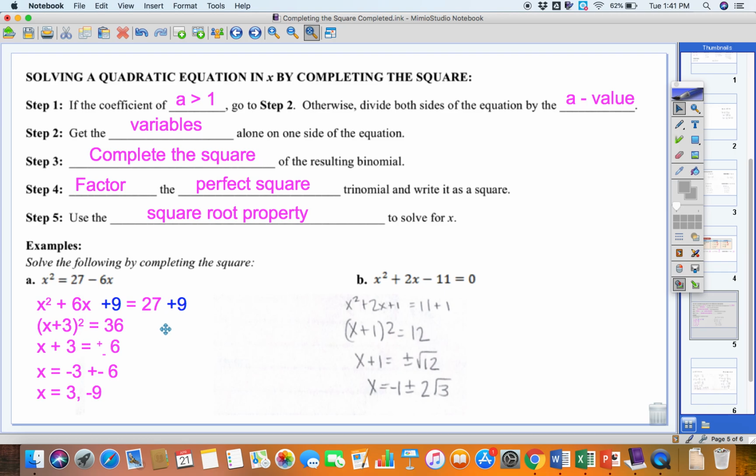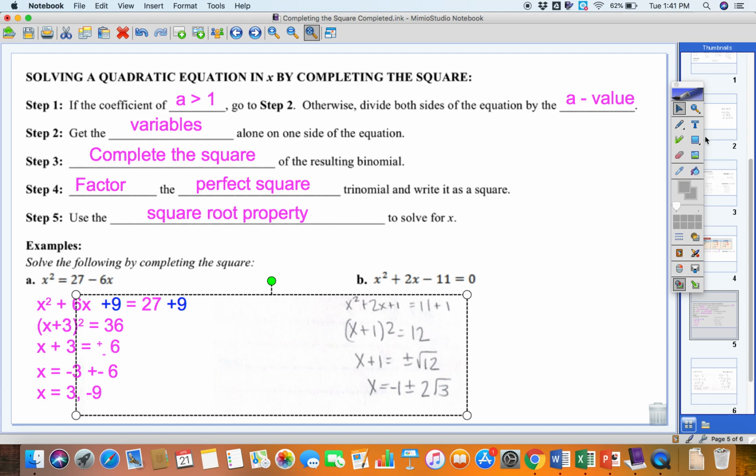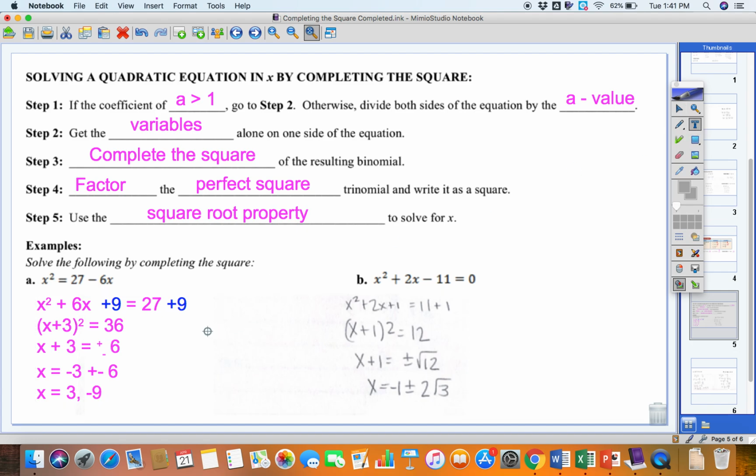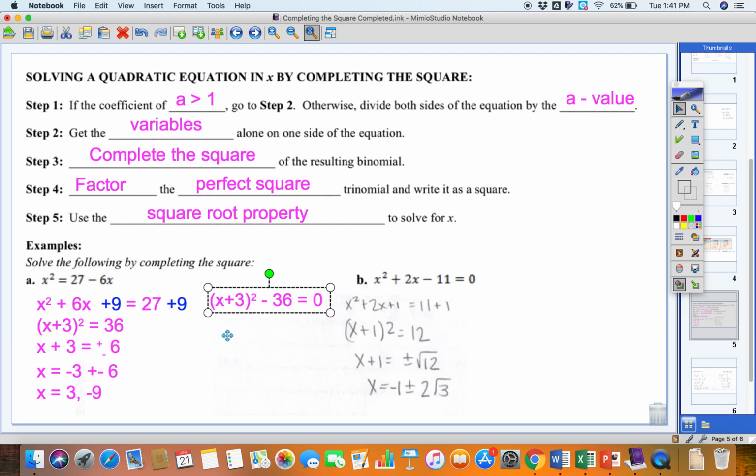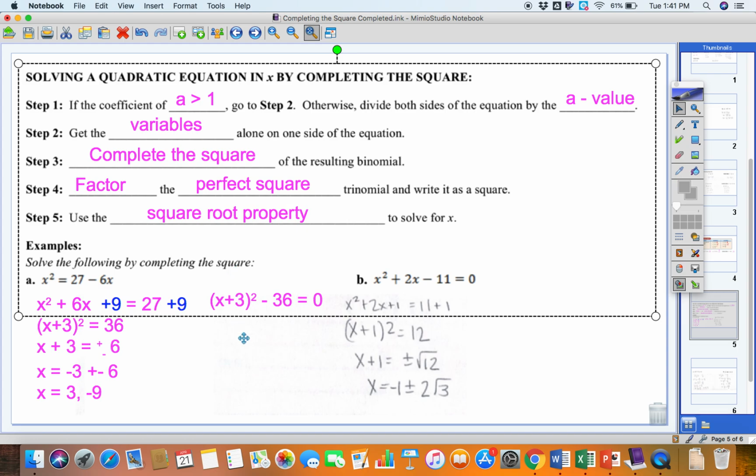If you move the 36 back to the other side, you get x plus 3 squared minus 36 equals 0. Here, the vertex of this parabola is negative 3, negative 36.